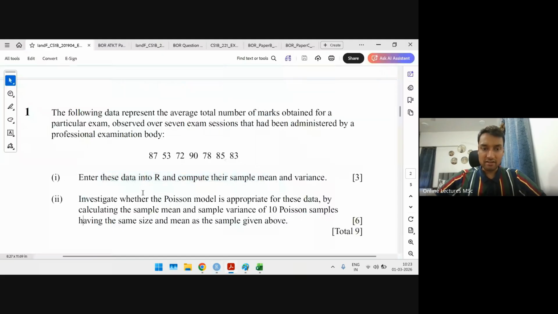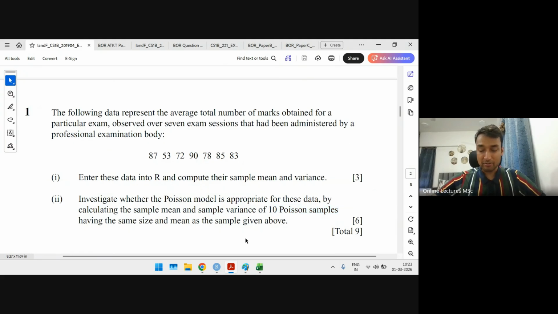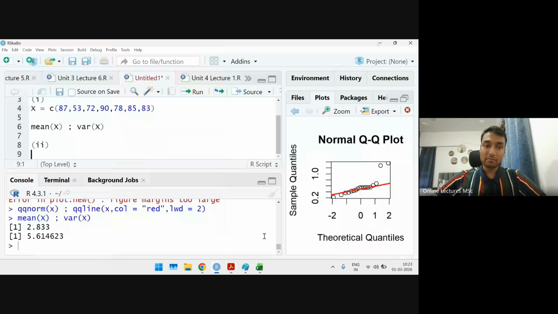Next, it says investigate whether the Poisson model is appropriate for these data sets by calculating the sample mean and variance of 10 Poisson samples. Now, when they say 10 Poisson samples, is it a parametric bootstrap method or a non-parametric bootstrap method? Parametric bootstrap method.